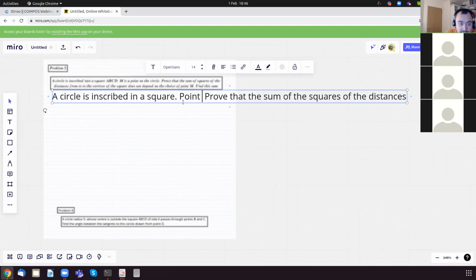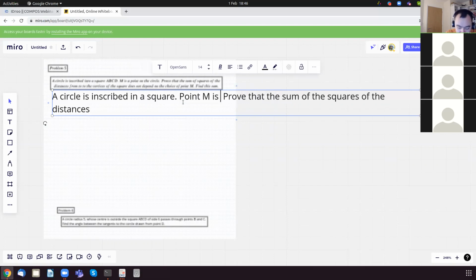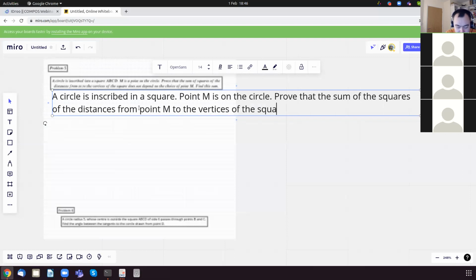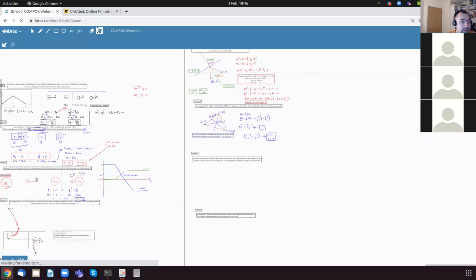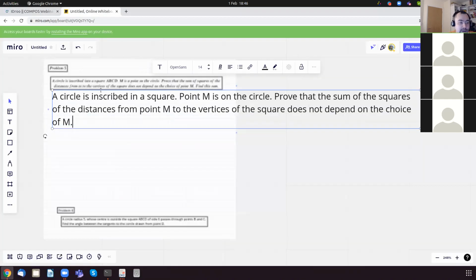Point M is on the circle. Prove that the sum of the squares of the distances from point M to the vertices of the square does not depend on the choice of the point M. So that's problem 5.